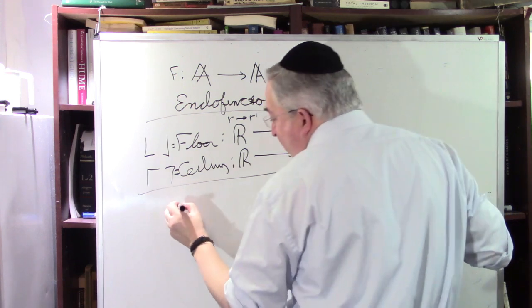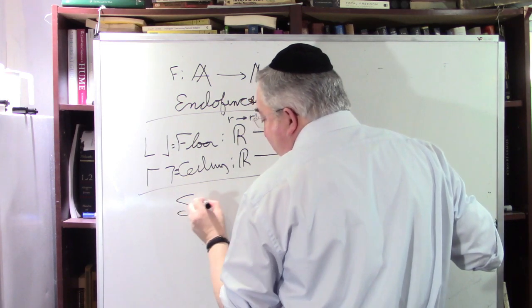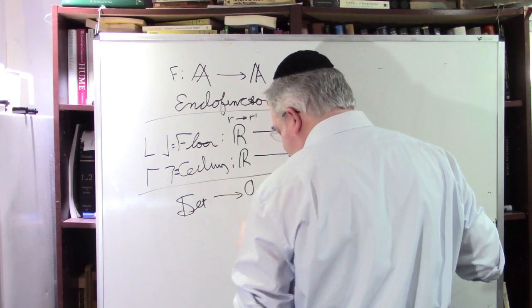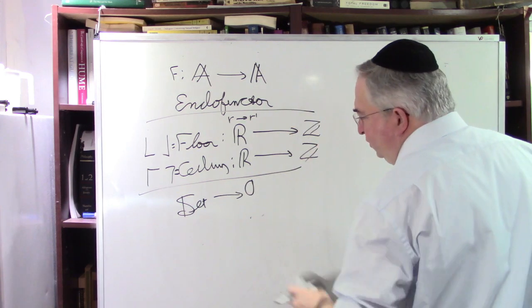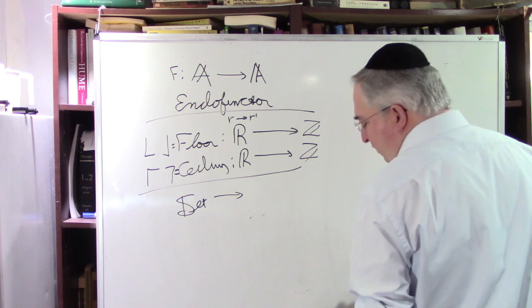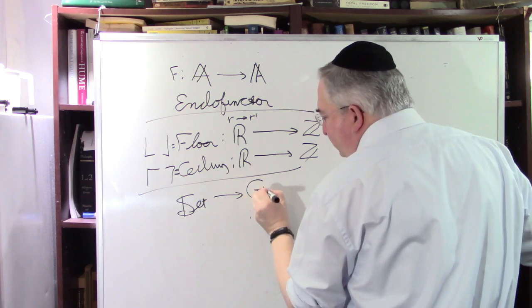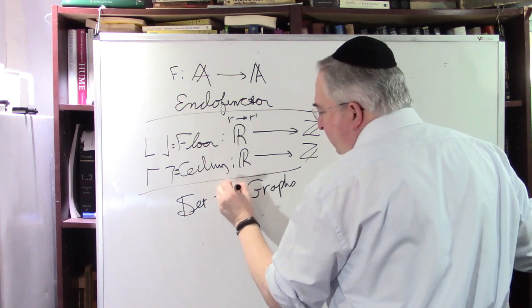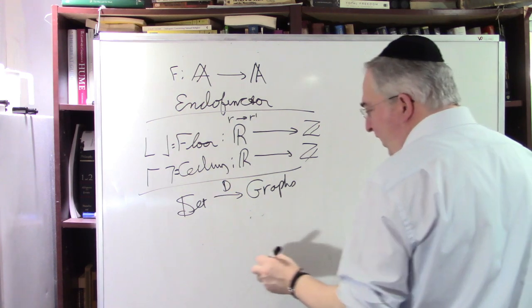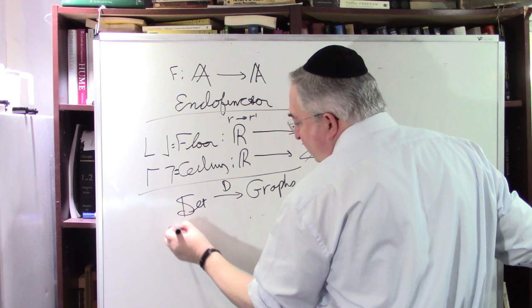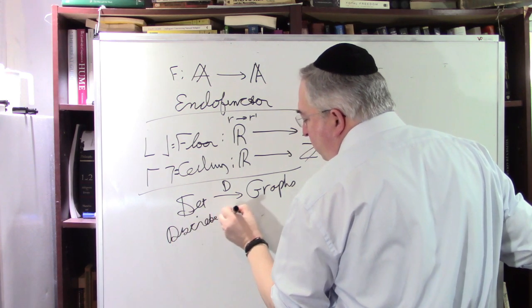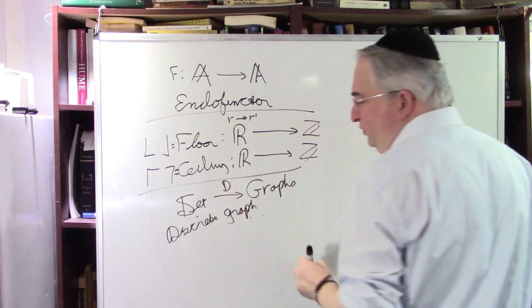Next. You ready? Here's a functor. It goes from Set to Graphs. Graphs is capital G. Our categories start with capital letters. It's called D, and it's the discrete graph. It goes as follows.